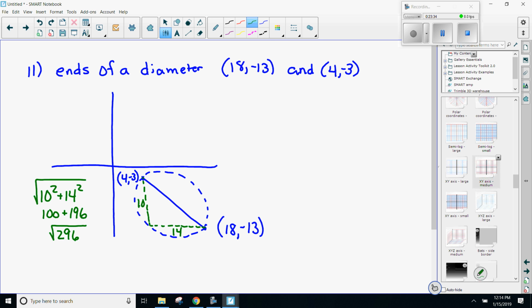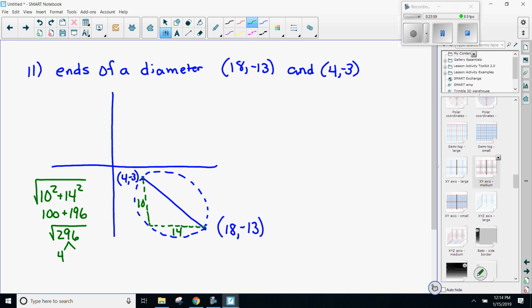What do you got to do to that? We can simplify that. I guess some of you used your calculators, but to simplify that, I can think about prime factorization. What goes into there? Does 4 go into 96? Yes, because 4 goes into 100 and it's 4 away from it.